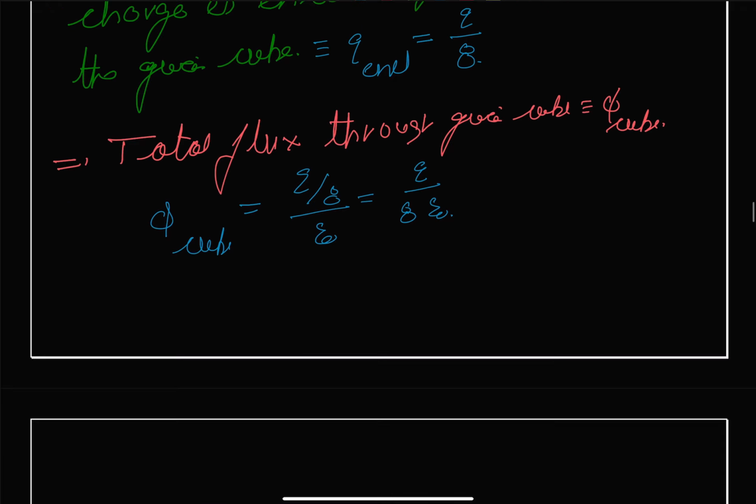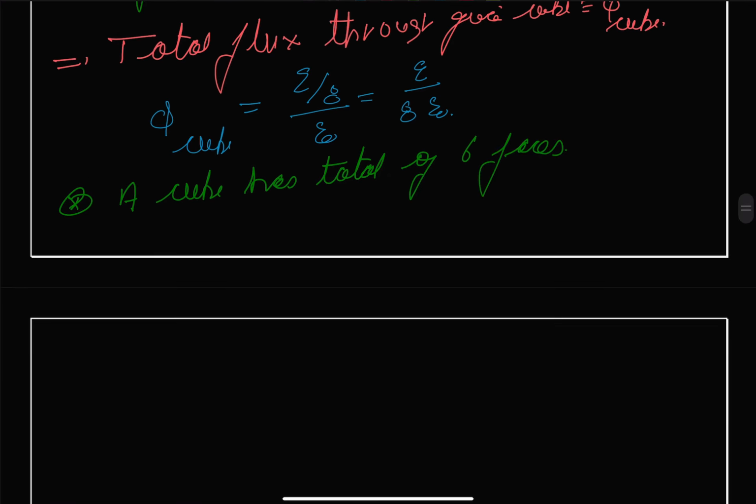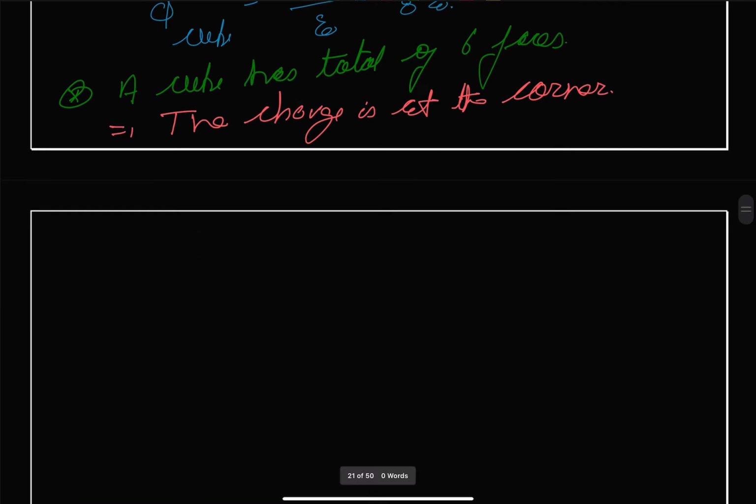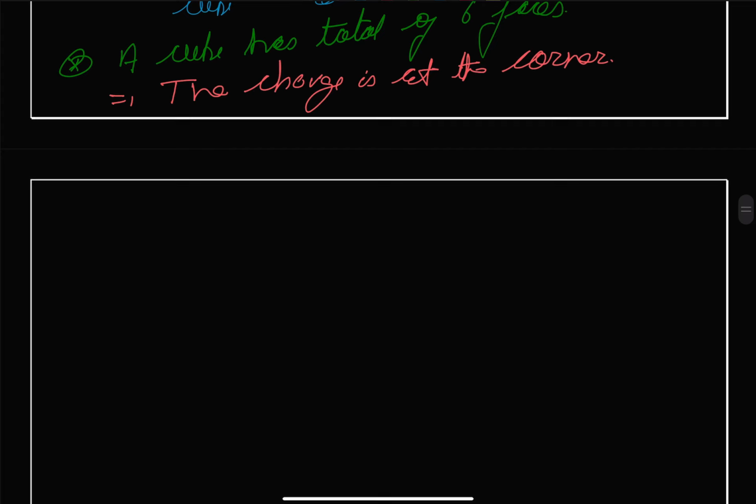So from here we can write that a cube has a total of 6 faces, and we are given that the charge is at the corner.